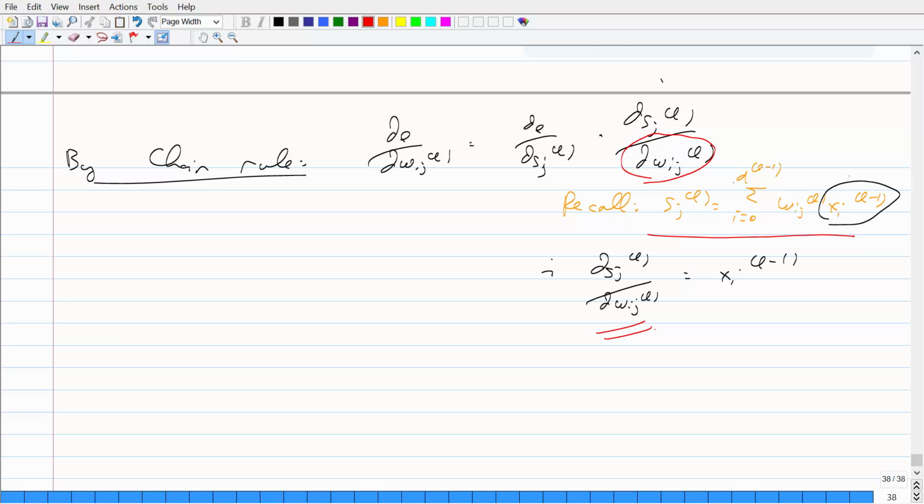Then you have a term Wijl times x, and when you differentiate that, it becomes 1, so all you're left with is x with respect to i. Then you can just substitute this into here. So I know one of the terms already, that's nice.